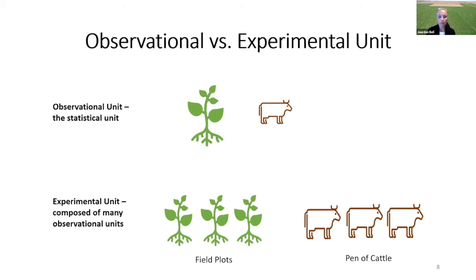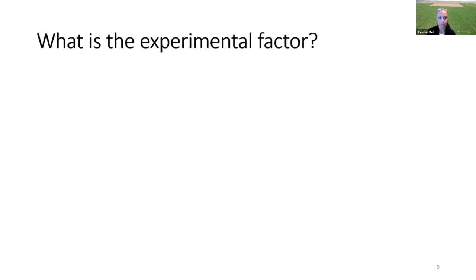But the experimental unit is composed of many observational units. So for example, if we're looking at field plots, we have plots that are composed of lots of observational units depending on the size of the plot. Also, in livestock, say you're doing a feeding trial, a pen of cattle is going to be composed of many observational units.